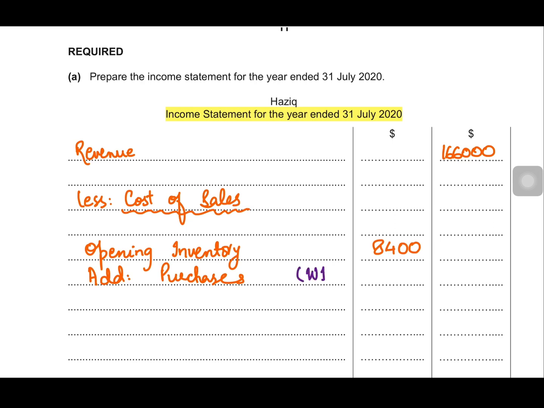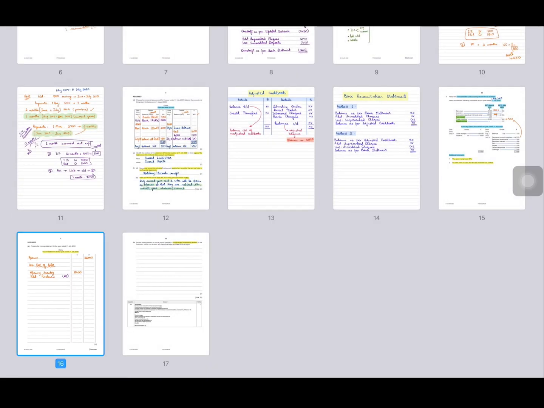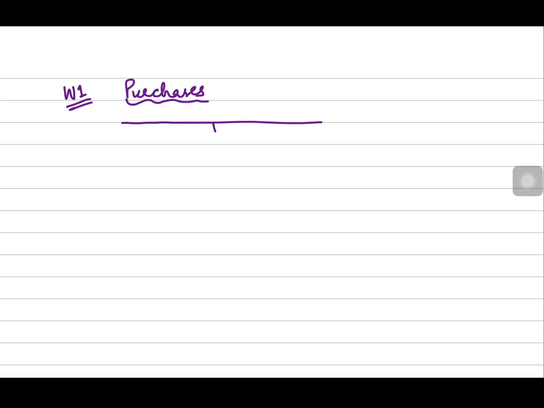So this is our working number 1. Let's dedicate a separate page for the working area and do all the workings over there. Working number 1 is related to purchases, and for that we have to prepare the purchases ledger control account. How do we do that?